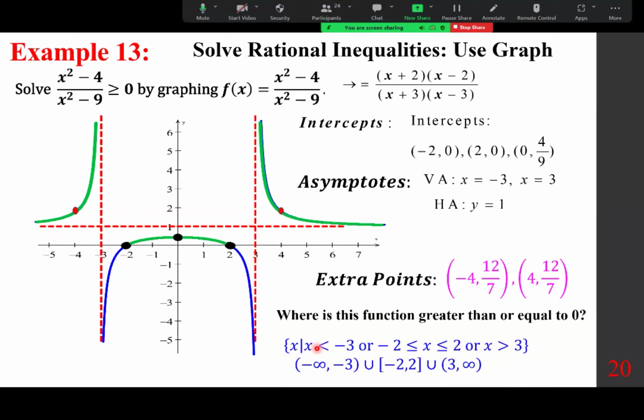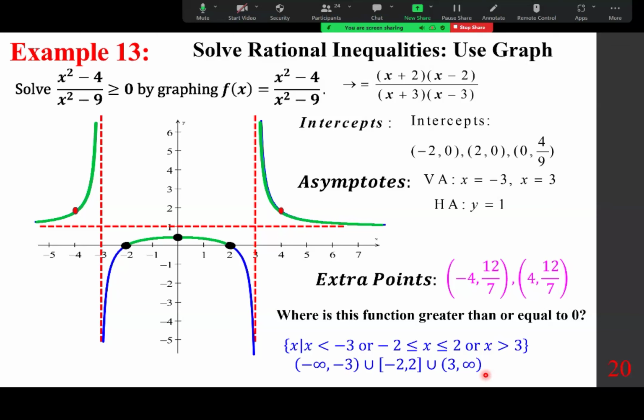So x is less than −3, or between −2 and 2, or larger than 3. In interval format: (−∞, −3) union [−2, 2], with brackets because those 2 points are included because we have the equality, union (3, ∞).